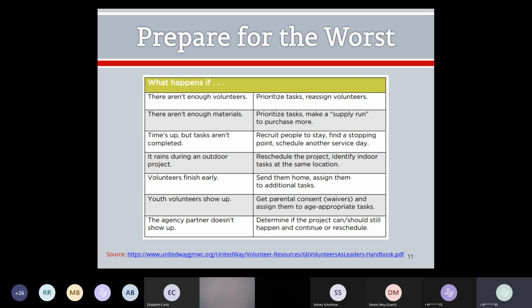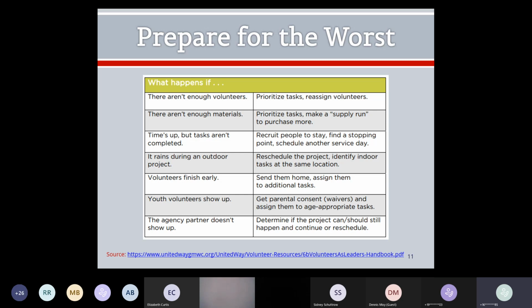And then another thing that could happen is if we're working with multiple partners on a project and an agency doesn't show up, and maybe a huge part of the event was on their shoulders. We maybe have to determine if the project could still go on or if we need to reschedule, which is probably the worst thing that could possibly happen.